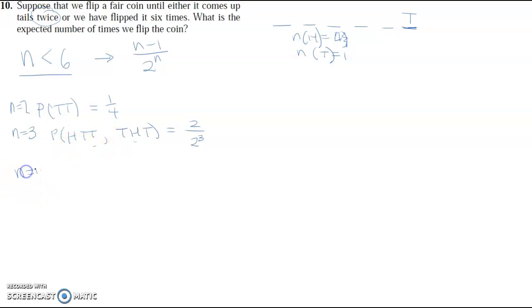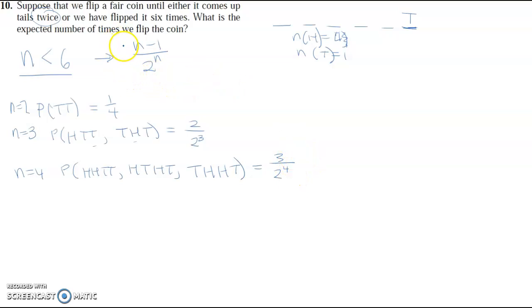Let's count the cases where n is 4. We have head, head, tail, tail, and head, tail, head, tail, and also tail, head, head, tail. So this would be 3 cases out of 2 to the power of 4.